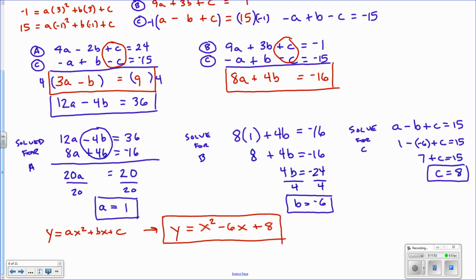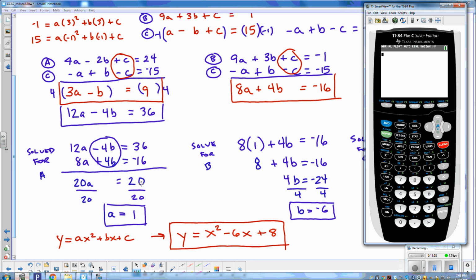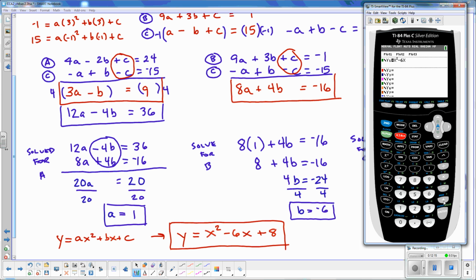Now to check it, let's just check it real quick. Good habit to get into. I think one of the fastest ways, you can either plug your points back into your equations, make sure they all work in there. But when you're asked to come up with the equation, just take it, graph it, so we've got a parabola, and it may or may not even show up on there.